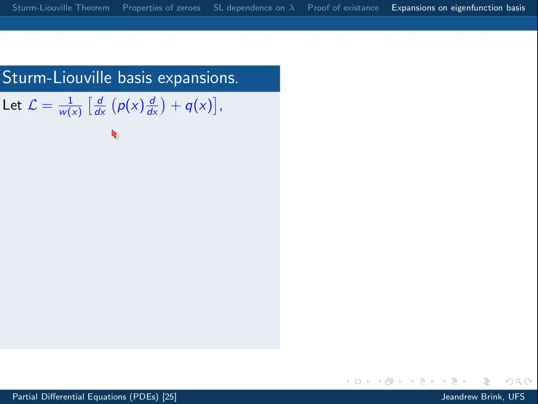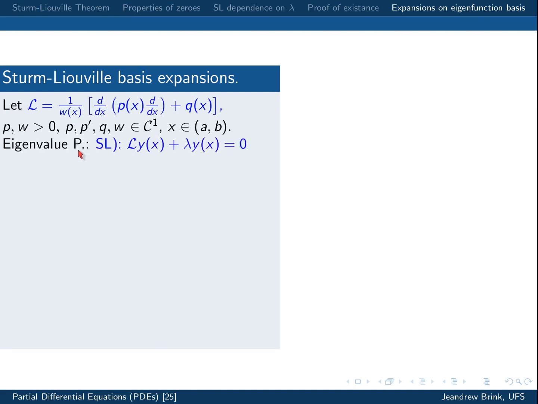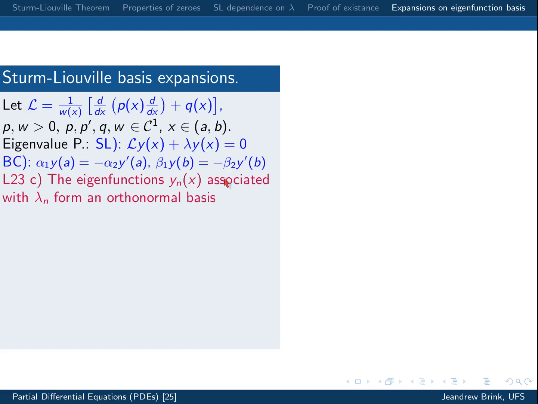Let's have our Sturm operator with all the nice properties that we've been using up to date, and we're going to solve the eigenvalue problem with the specific boundary conditions that we specified. What I started showing in lecture 23C is that once we have these properties derived in part A, we have eigenfunctions with associated eigenvalues, and they form an orthogonal basis.